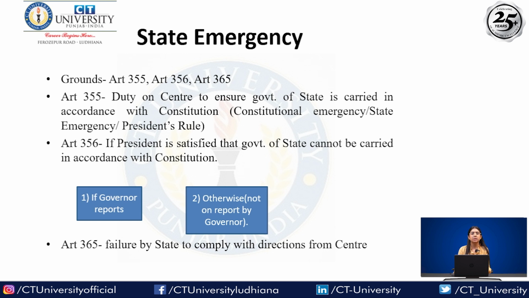Otherwise, even without the governor's report, if the president feels that the government of the state is not being carried on in accordance with the provisions of the constitution, the president can declare this emergency.